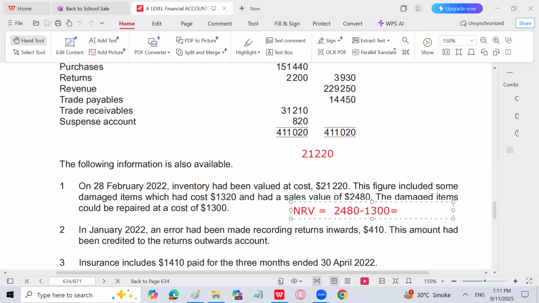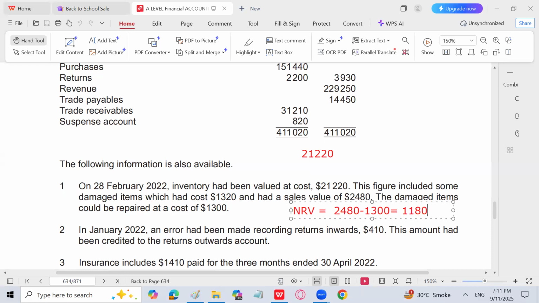Because we are getting 2480 by the sale of damaged inventory, but we have to go for the repair cost, then we can get 2480. So the NRV is market value minus cost to sell. Market value, selling price, minus cost to sell, which is repair cost. So 2480 minus 1300, that is 1180.